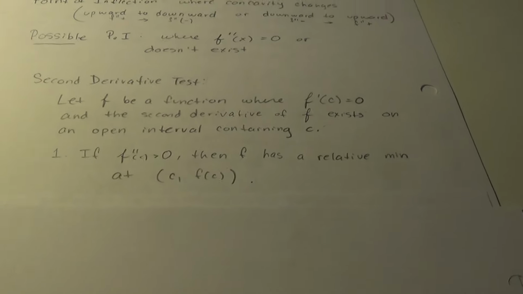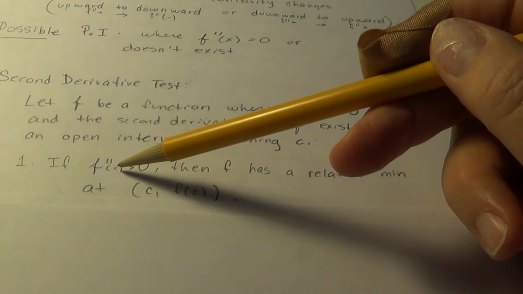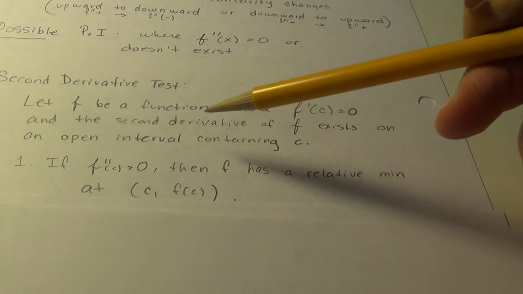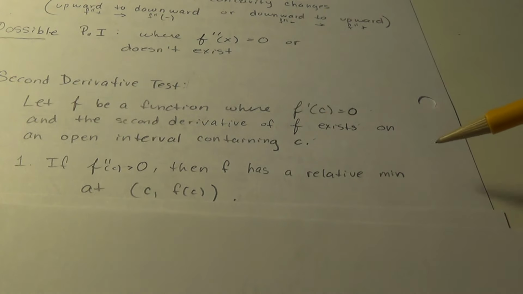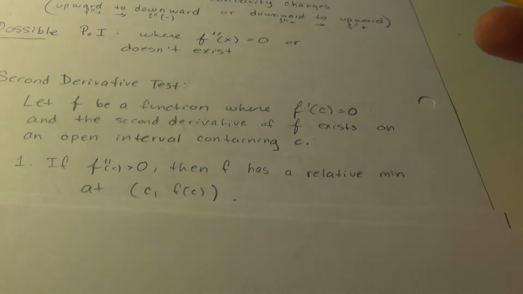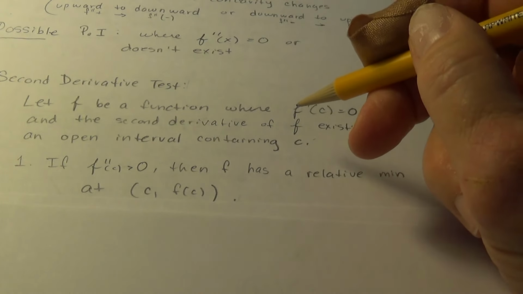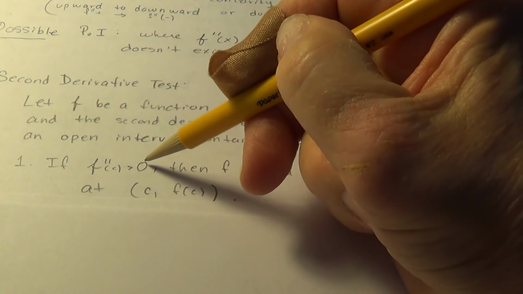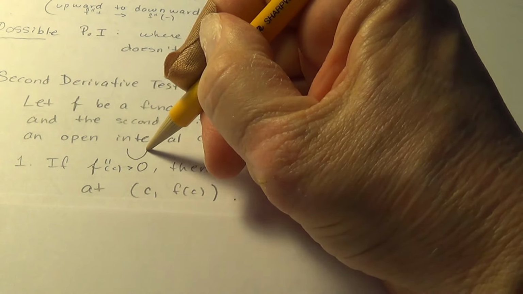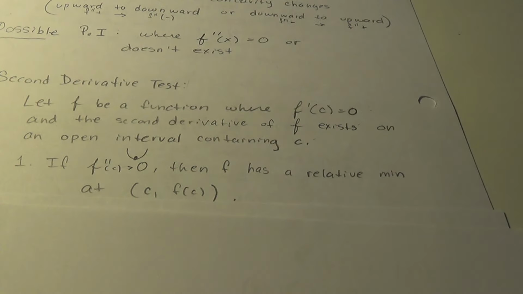So, number 1, if f double prime of c, the second derivative, is greater than 0, then f has a relative min at that point, f of c. So that means that if the second derivative is positive, we have the smiler, so we're talking about a relative min at that point.